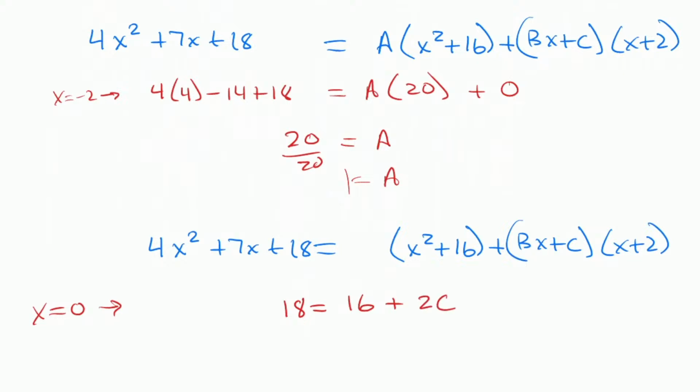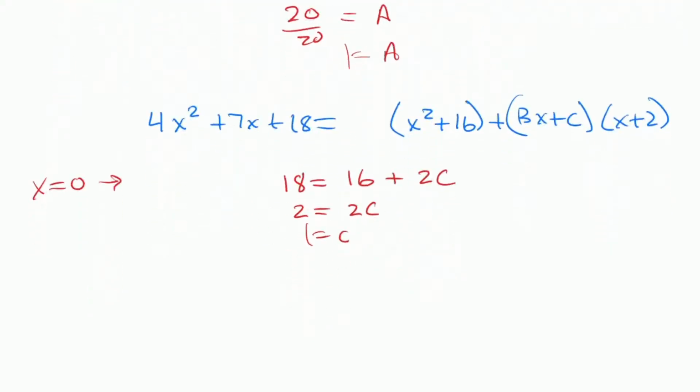I know I just did that super quick, but just change all of the x's to zeros, and all that's left is the stuff that doesn't have x with it, c times 2 on the right. Look how convenient this is. That means that c equals 1.